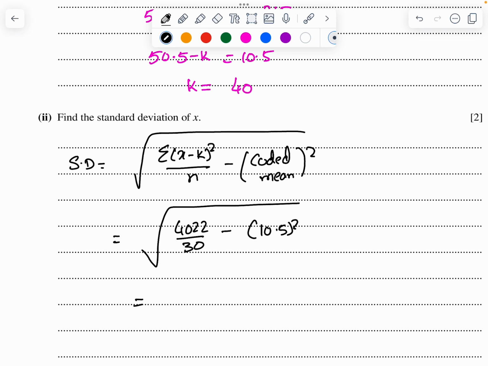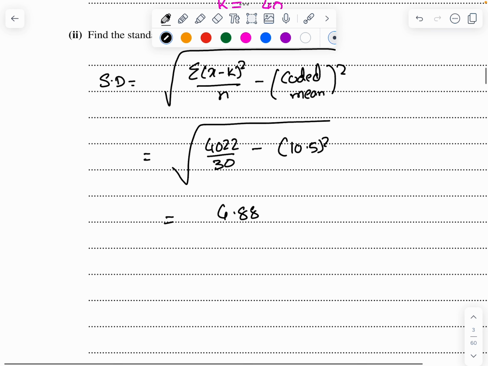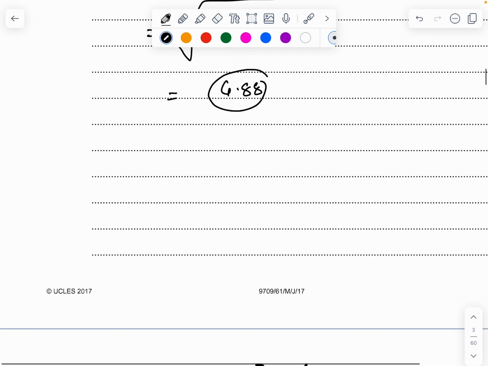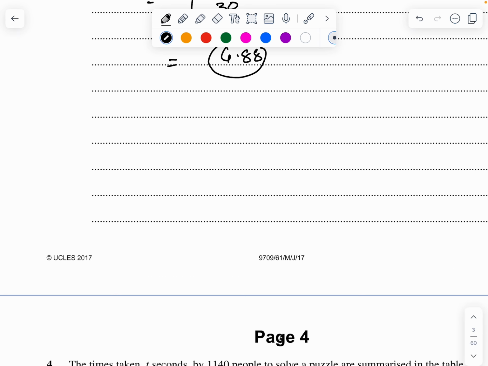Simplify that, you should get 4.88. This is the standard deviation. It is also the standard deviation for x, because in this coding, with addition and subtraction, the standard deviation will not change. So it is 4.88 itself.